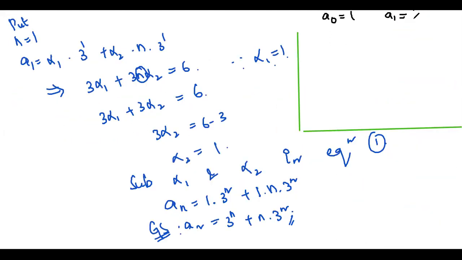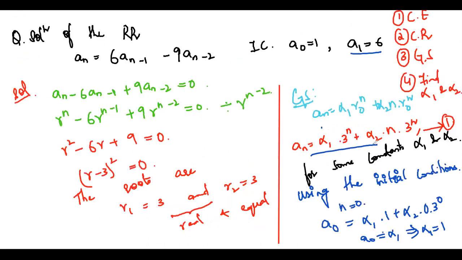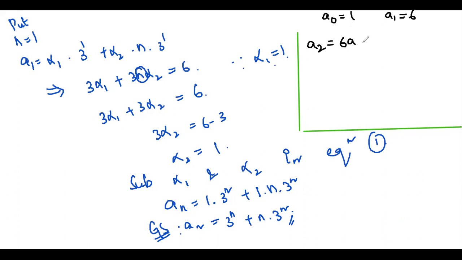Yes, A1 is 6. Now, if we want to find A2 using the recurrence relation, it is 6A n minus 1. So A2 will be 6A1 minus 9A0. So A2 is given as 6 into 6 minus 9 into 1, 36 minus 9, which is equivalent to 27.